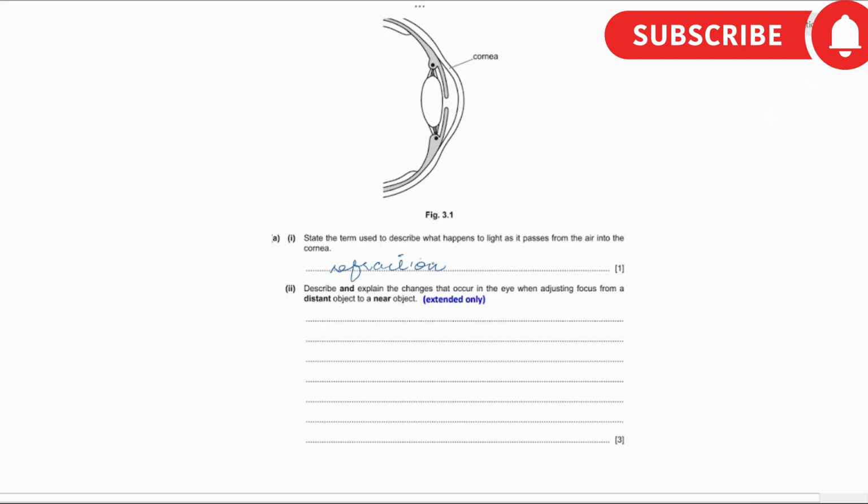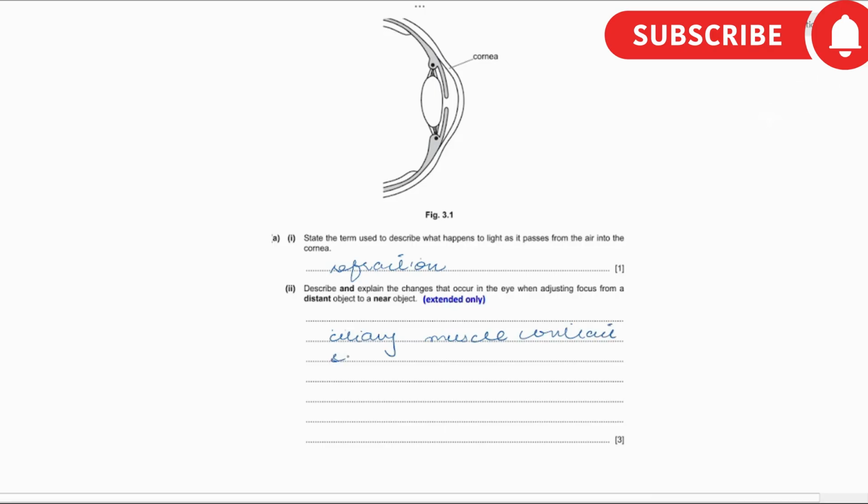Describe and explain the change that occurs in the eye when adjusting focus from a distant object to a near object. Now something is coming toward you. What will be the thickness of the lens? Yes, for the near object, thicker, causing more refraction. Good. So one is that the ciliary muscles contract.